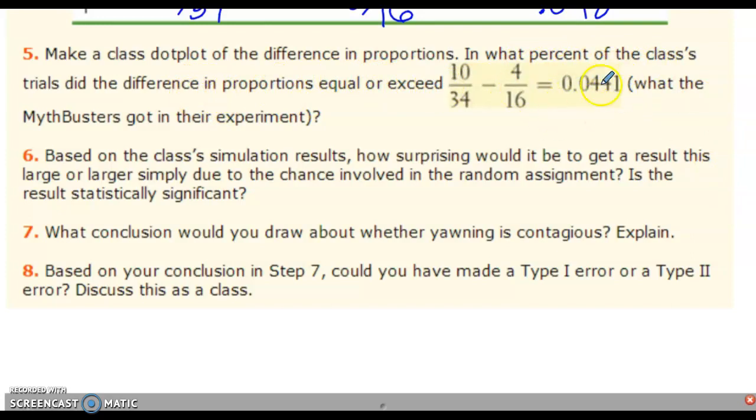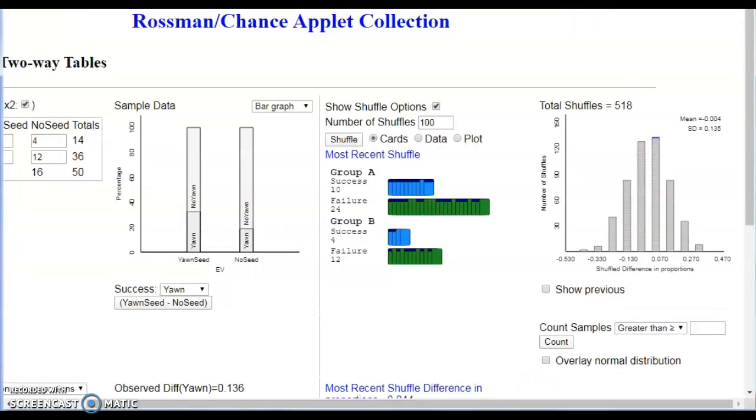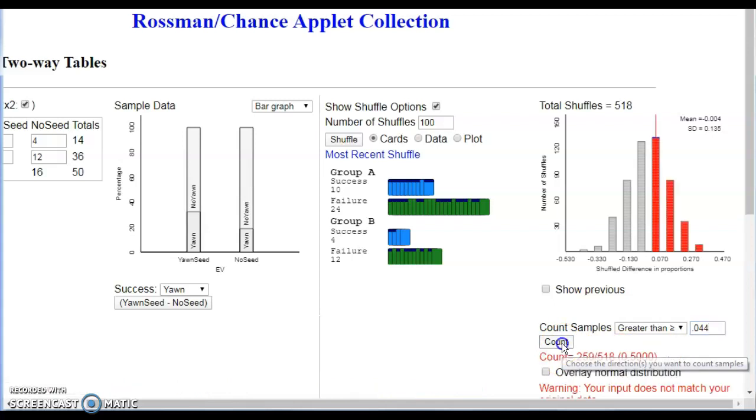So how many times did you get a number more than 4.4%? You can have this applet count these by filling in the number you want to count, greater than or equal to, right here. Type it in as a decimal, 0.044, and hit count. It will tell you how many times you observed a difference that big or bigger.